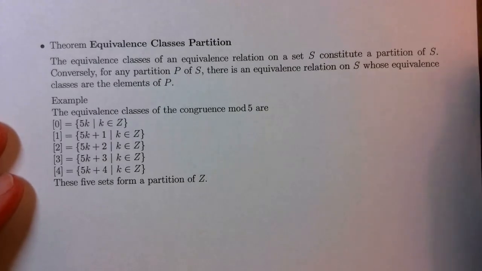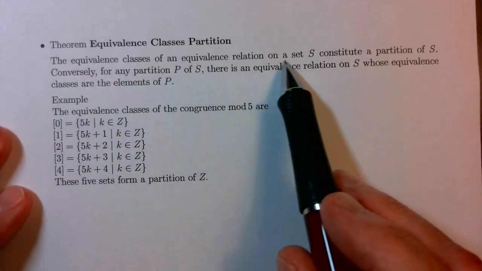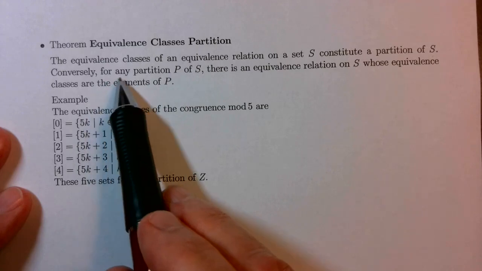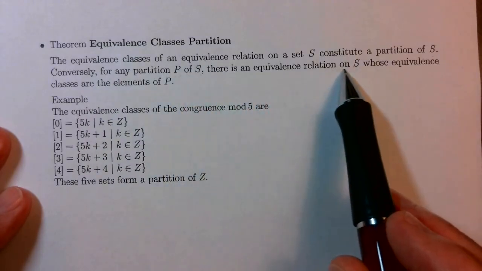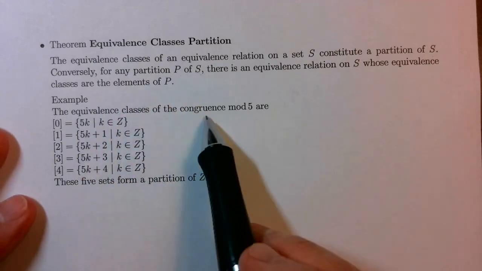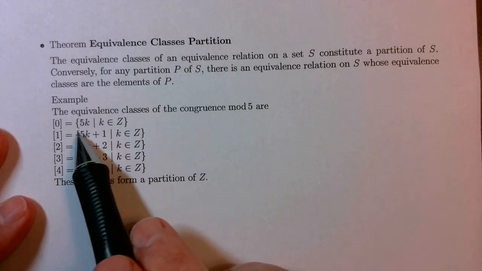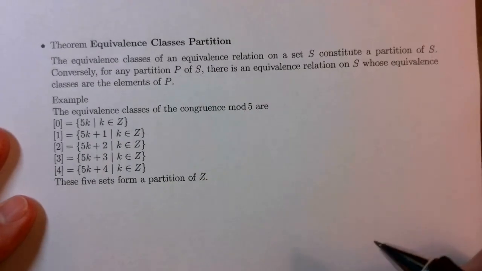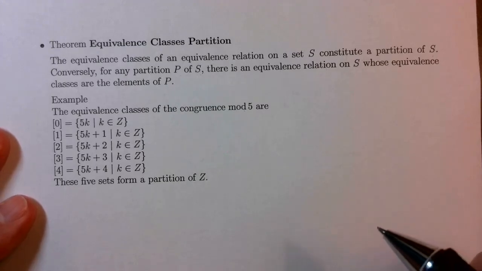It turns out that they correspond to a partition of S. The equivalence classes of an equivalence relation on a set S constitute a partition of S. Conversely, for any partition P of S, there is an equivalence relation on S whose equivalence classes are the elements of P. We know that congruence mod 5 is an equivalence relation in Z. So the equivalence classes of this relation must form a partition of Z.